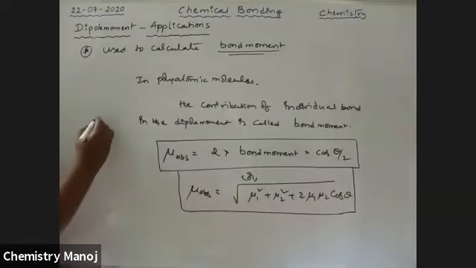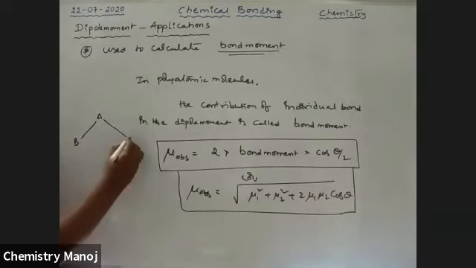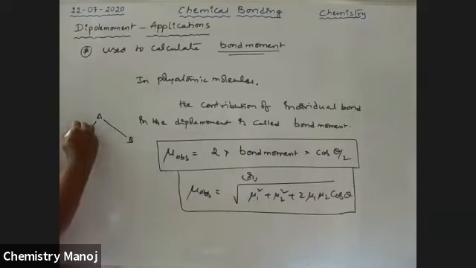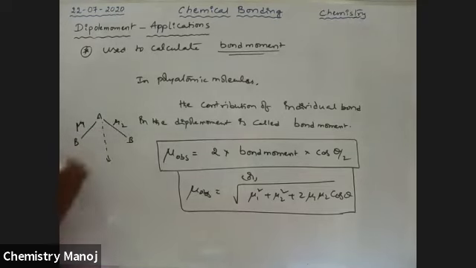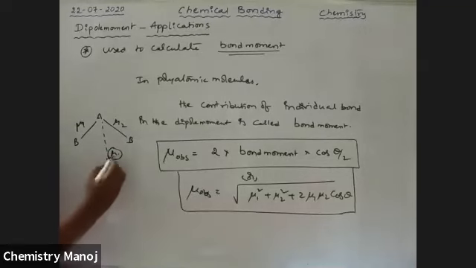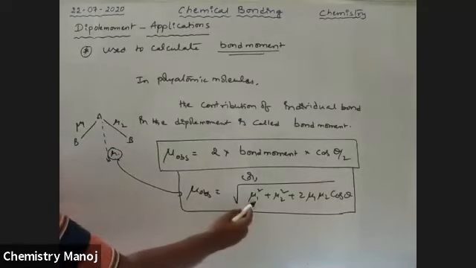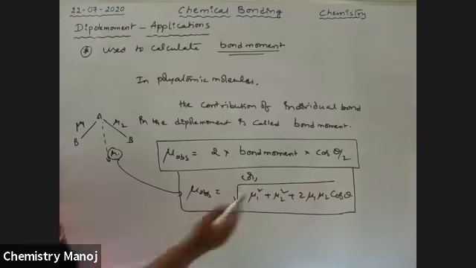See here, there is an AB2 molecule. In this direction mu1, in this direction mu2. The resulting vector is like this, it is mu. So mu observed is equal to root of mu1 square plus mu2 square plus 2 mu1 mu2 cos theta.